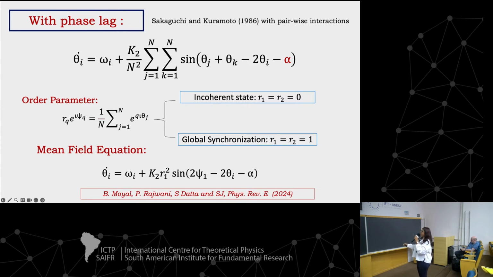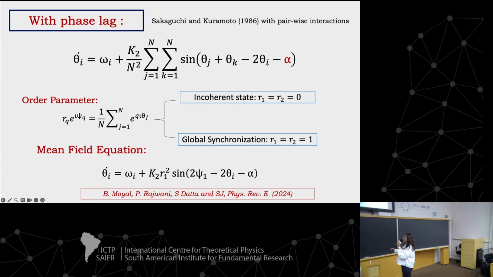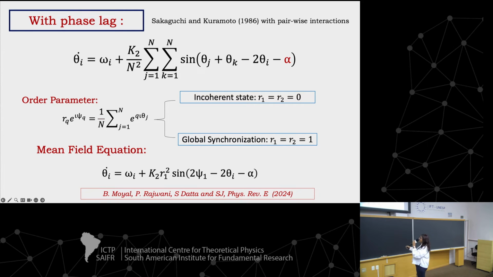So from here, we can write down this equation in terms of the mean field, okay? This is very easy to write down by substituting, by a little algebra. Now you can see in terms of this mean field, you have R1, which is the global order parameter, psi1, which is the mean phase, and then you have theta i, and you have alpha here.